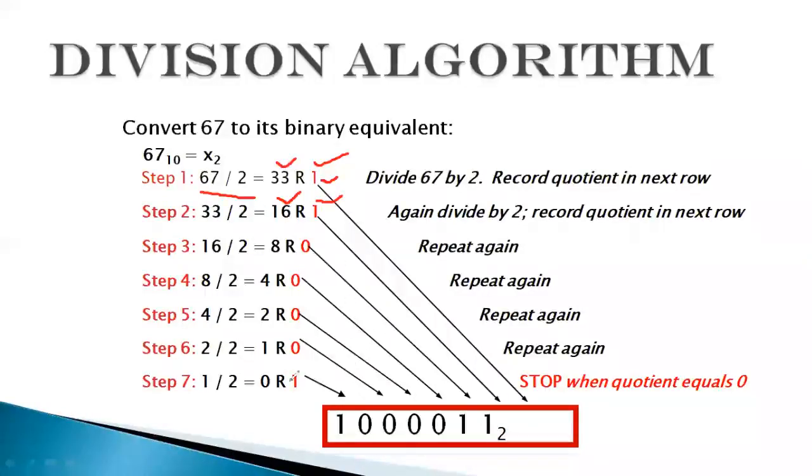It will continue till you are not going to have 0 as your quotient value. Once we get 0 as the quotient value, we have to stop our division. And finally, the entire values of the remainder are written from bottom to up manner.